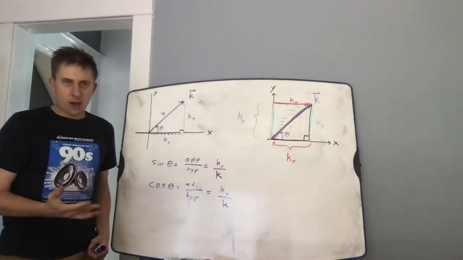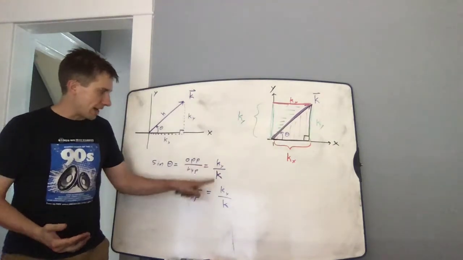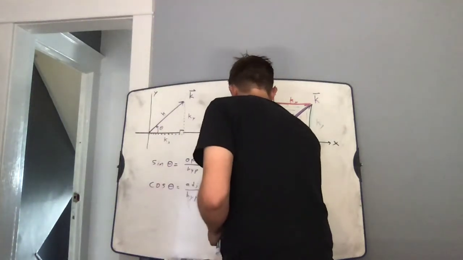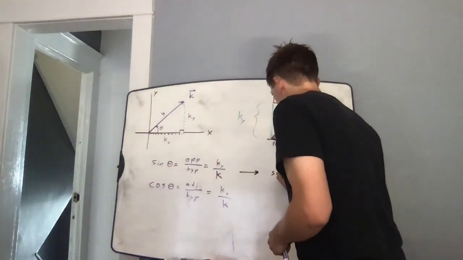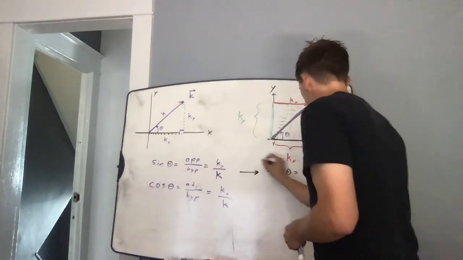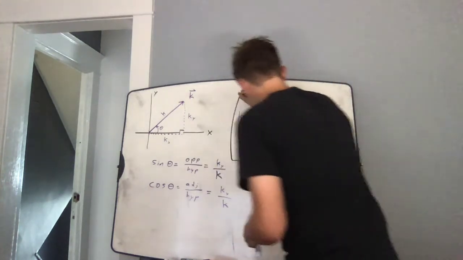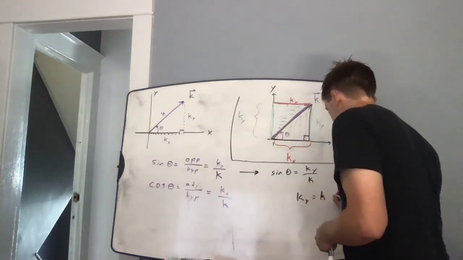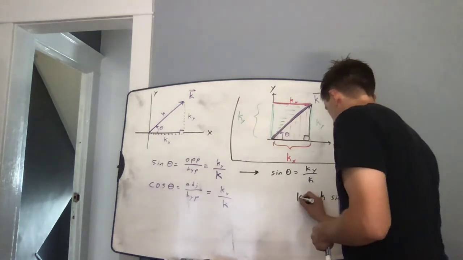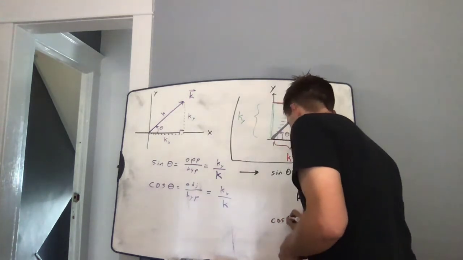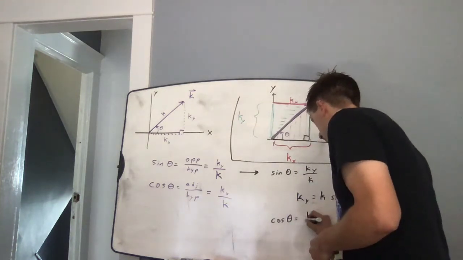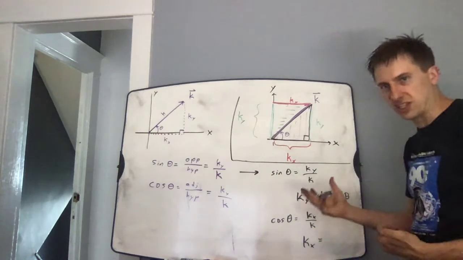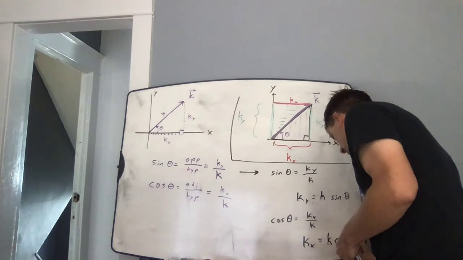Now, very often we will want to know what ky and kx are. So if I say this equation implies sine theta equals ky over k, then I get ky is equal to k sine theta, and cos theta equals kx over k, and then that means kx, based on how I drew this picture, is equal to k cos theta.